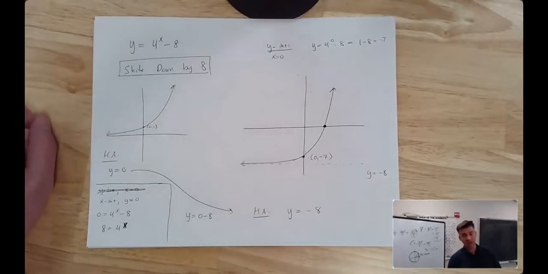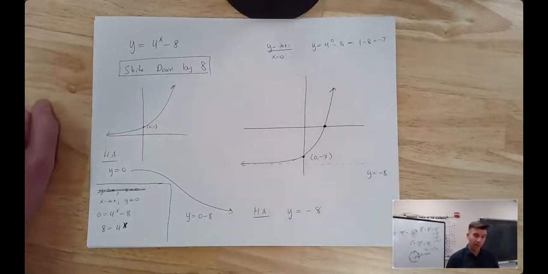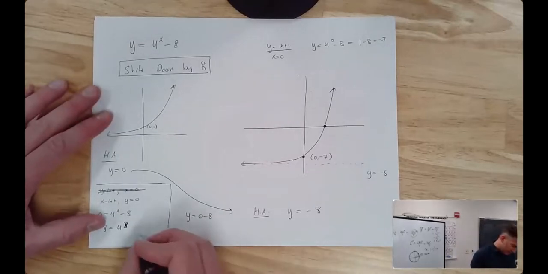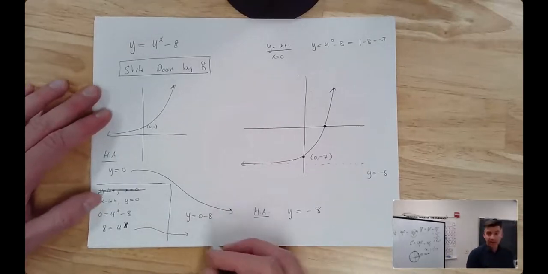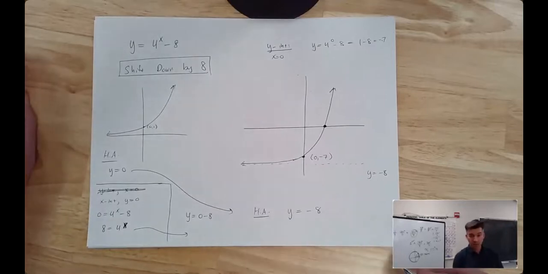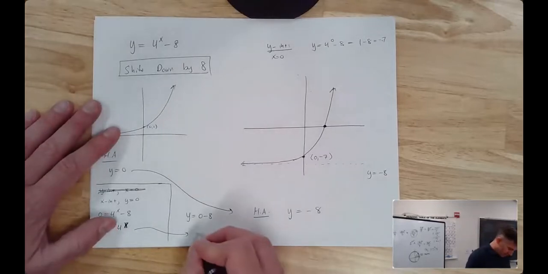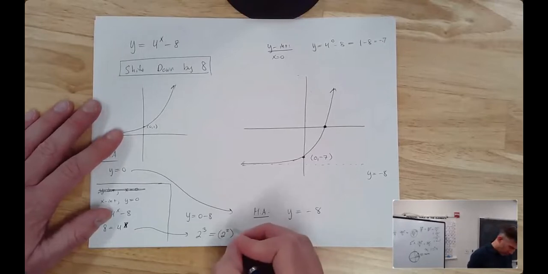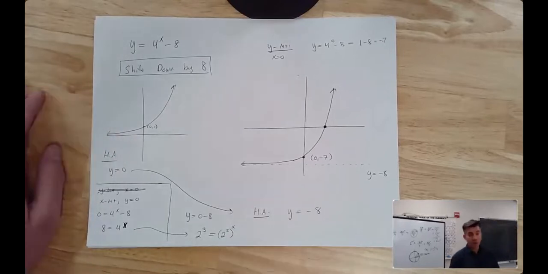This is a case where we really like a logarithm, which we'll talk about on Tuesday. But here you can recognize that 8 and 4 are both powers of the same smaller common base, which is 2. You can write 8 as 2 to the third, and you can write 4 as 2 squared. So 4 to the x is 2 squared to the x. And when you have a power to a power, we multiply the powers.